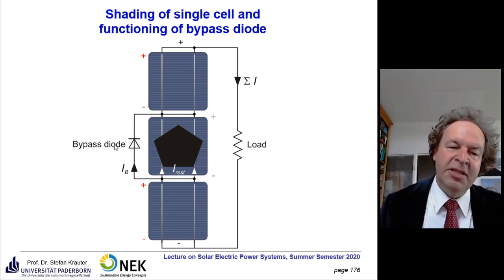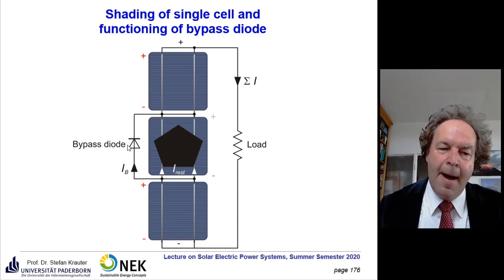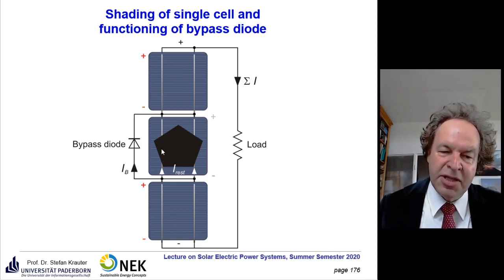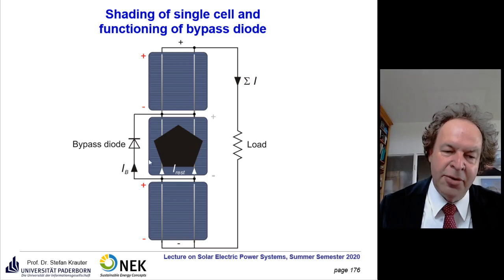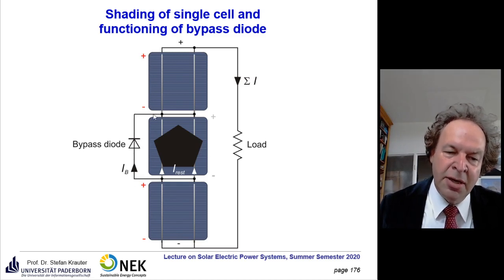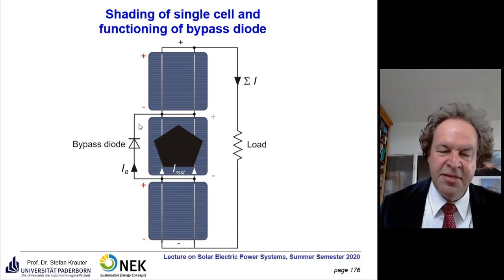But if you come now to the shadowed conditions, suddenly no current is going through here anymore, and we have here minus and plus. That means if you take a minus at the cathode and plus at the anode, a current starts to flow here and bypasses that shadowed cell. And that's the effect of a bypass diode.